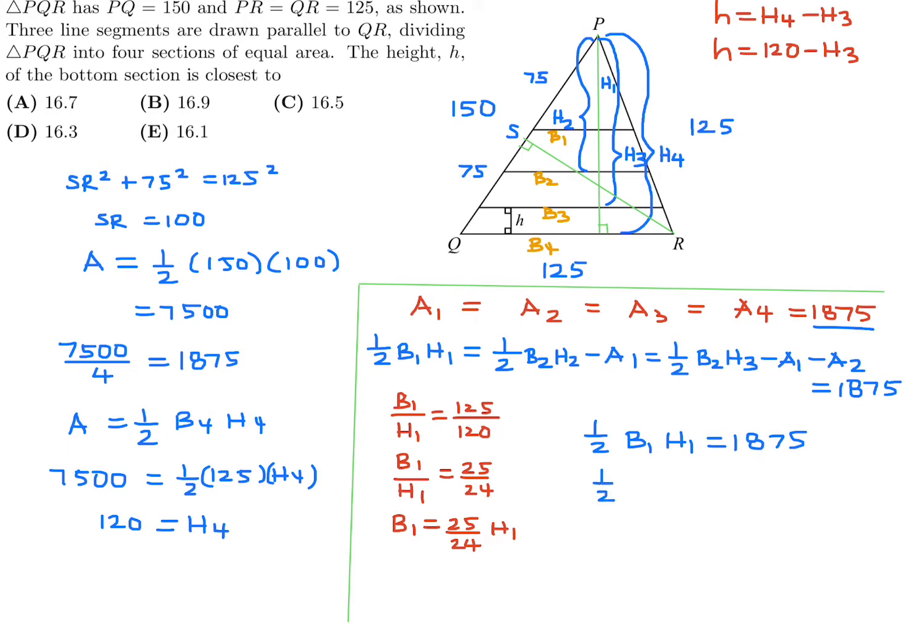B1 is going to be 25 over 24 times H1, and don't forget I've got to put in another H1 in there, because it's H1 times B1, and B1 is this. So now I've got this equation, very simple to solve. When I do, I get H1 is equal to 60. So that's the first piece of the puzzle. We've got 2 more: we've got to figure out H2, and then H3 in a very similar way.